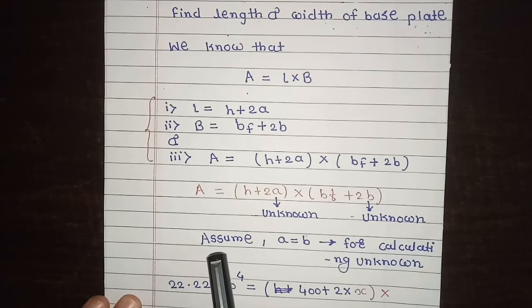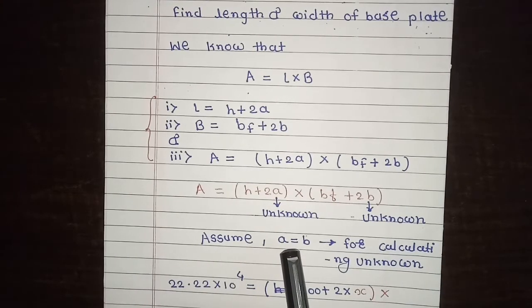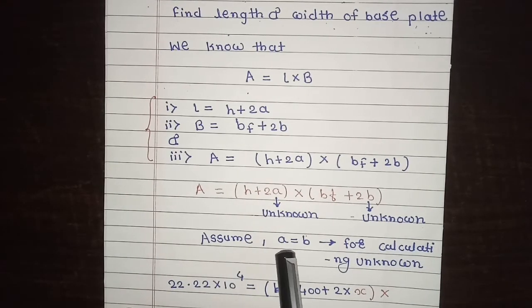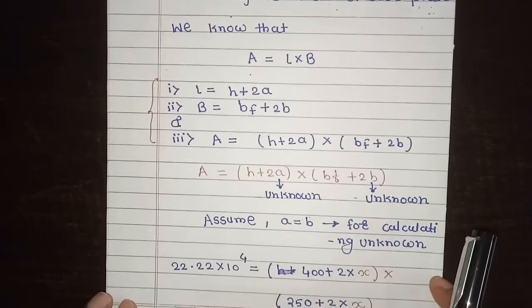Therefore, we assume A is equal to B for calculating the unknown factor.